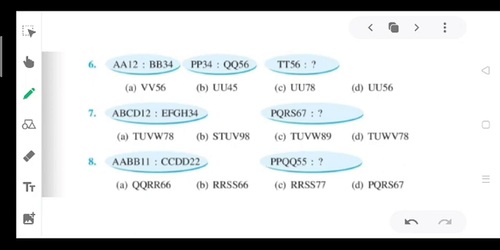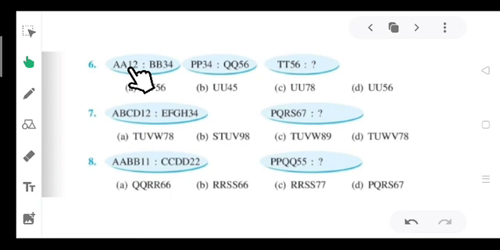See here. A 1, 2 is 2, B 3, 4. So firstly find out the similarity between these two. First letter, then second. First, second means the letters are written in a forward counting way.